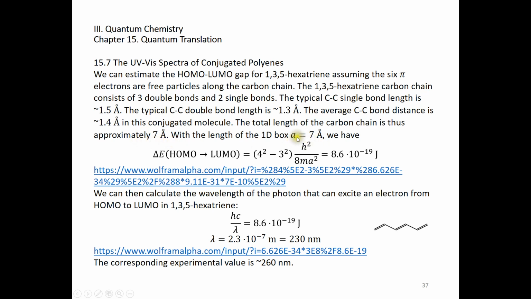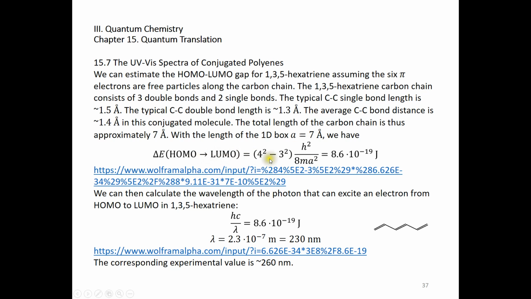a is equal to 7 angstroms, and we know the energy levels should be n squared h squared over 8ma squared. So for HOMO, we need to use 3 squared multiplied by this. For LUMO, it's 4 squared multiplied by h squared over 8ma squared. Now, what's the HOMO-LUMO gap?